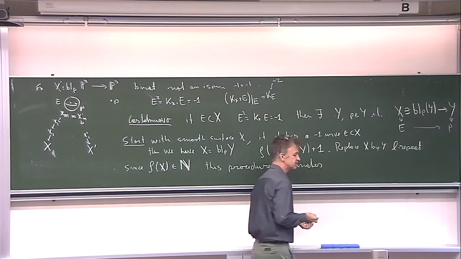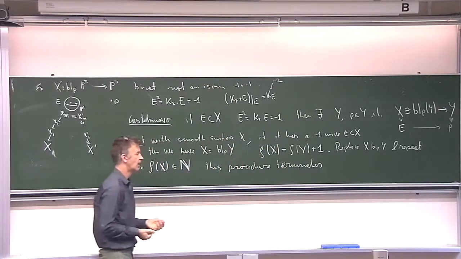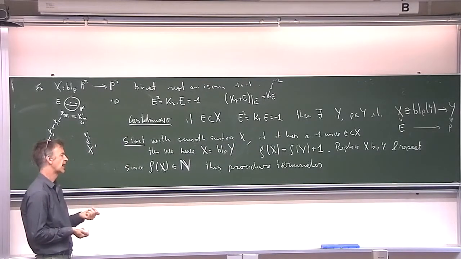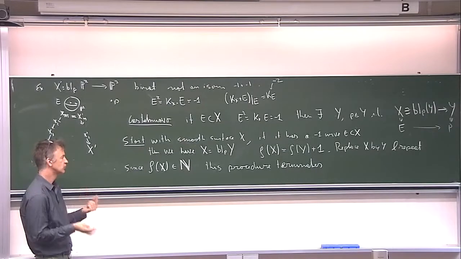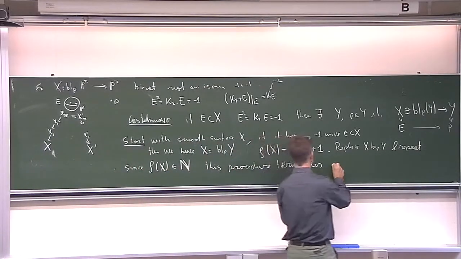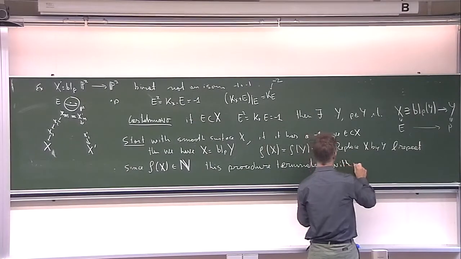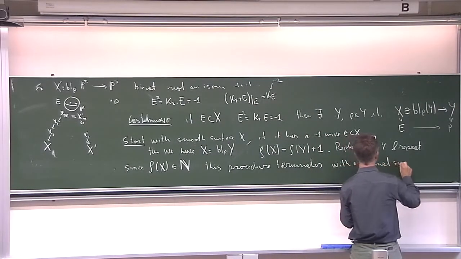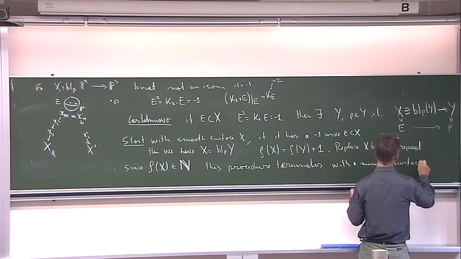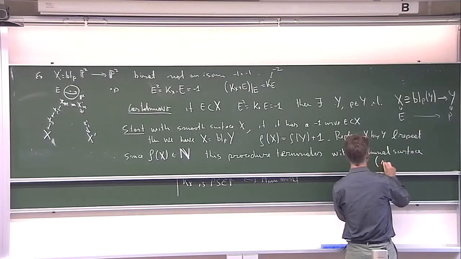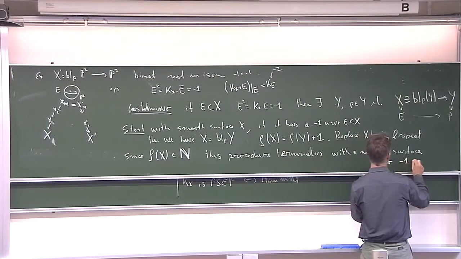And so we can assume that in one equivalence class, we have what's called a minimal surface. So it terminates with a minimal surface. Which, watch out, just means that there are no -1 curves.